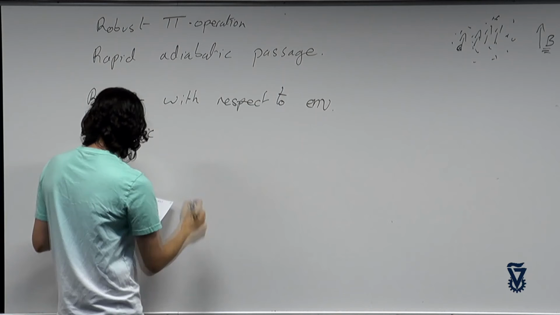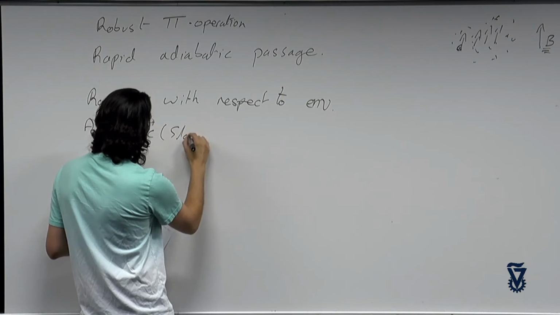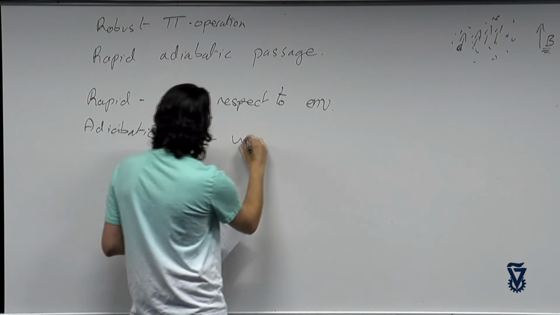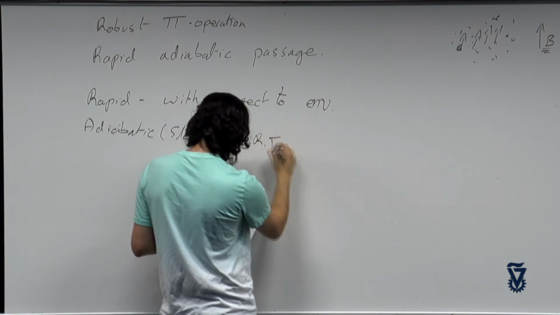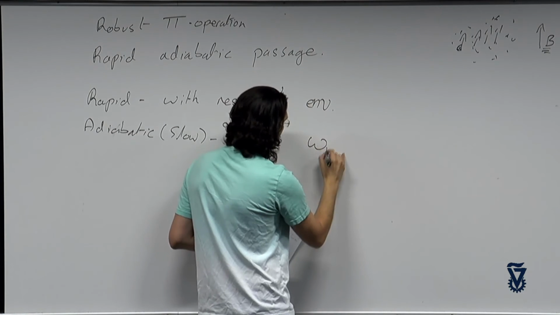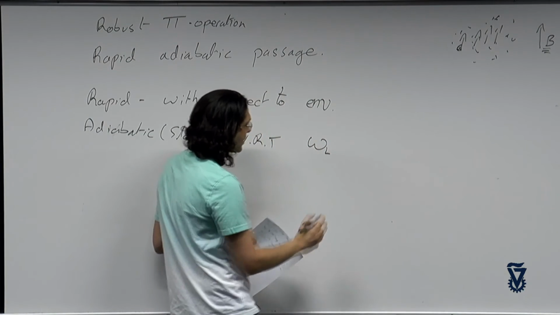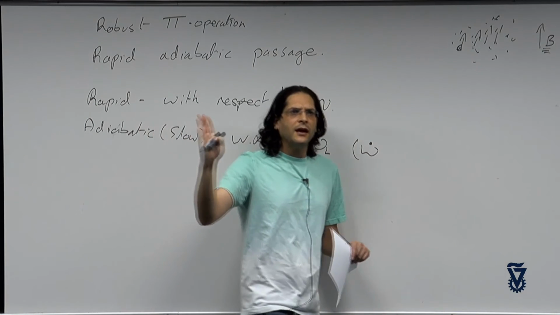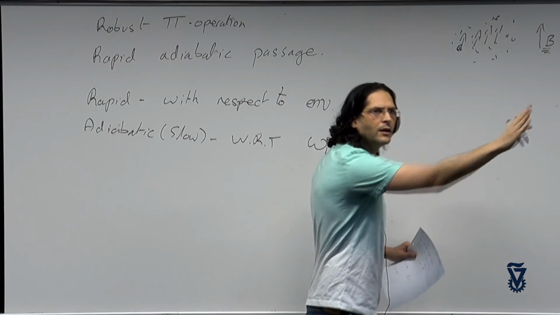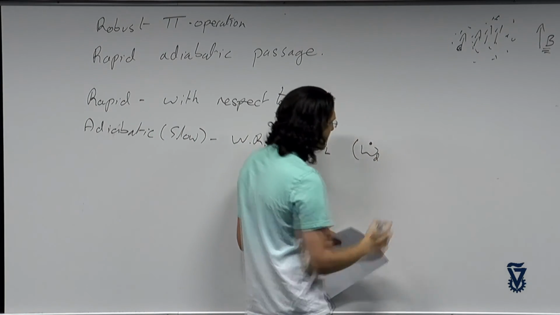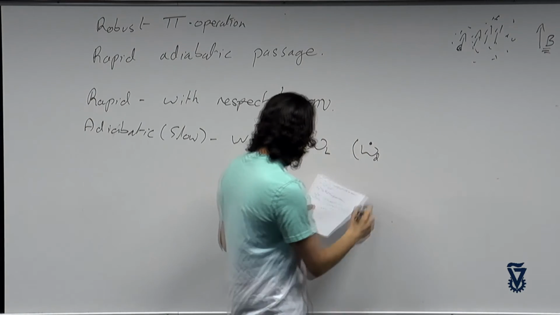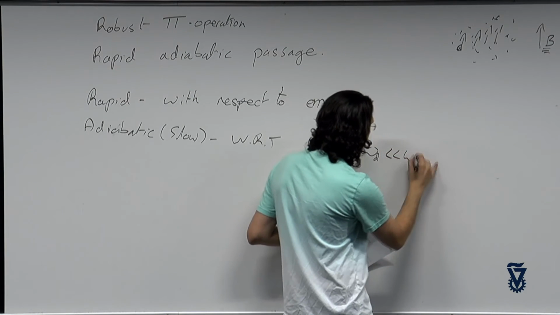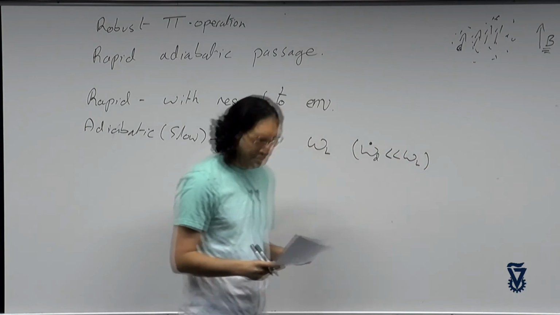Adiabatic, which means slow, with respect to the Larmor frequency. Meaning that omega drive dot, the rate at which we're going to be changing our driving frequency, is going to be much smaller than the Larmor frequency.